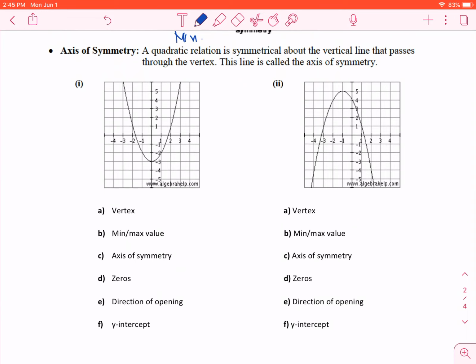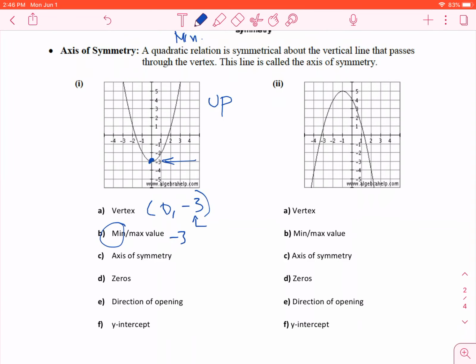Okay, so if we were to find our vertex of the first example, you'll notice your turning point is at (0, -3). Is it a min or max, and what's the value? Well, because this parabola opens up, it has a minimum, and the lowest value is actually going to be the y part of our vertex.